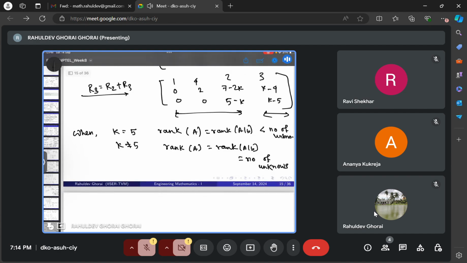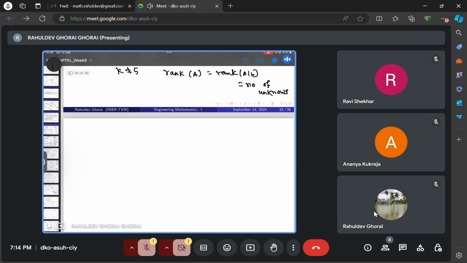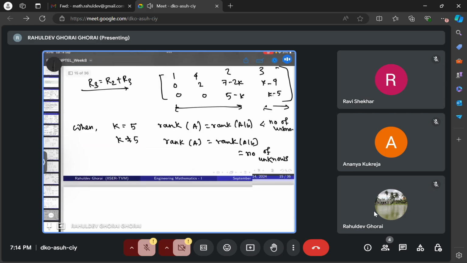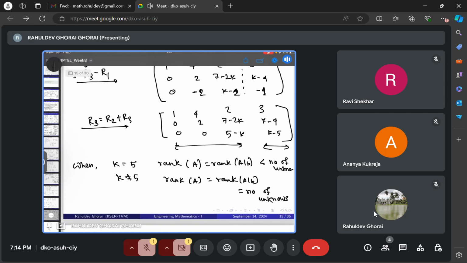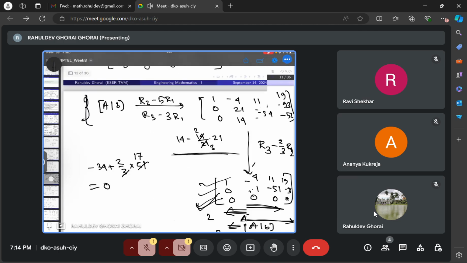Now I think both of you well understood how to find out whether a system has infinitely many solutions, whether it has a unique solution, or whether it has no solution. Okay.